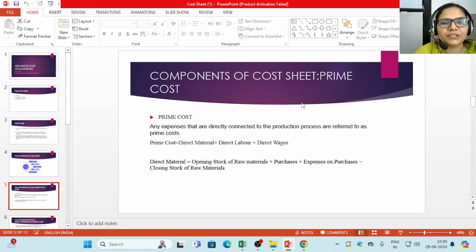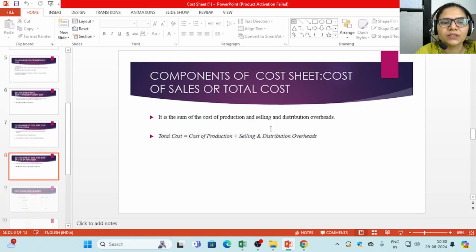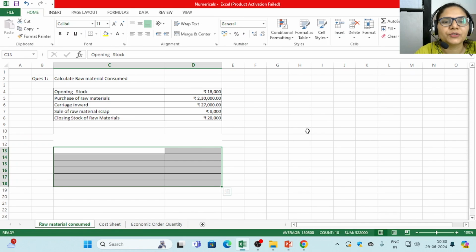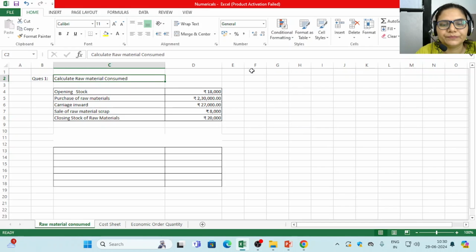In the previous session, we learned what is prime cost, what is factory cost, what is cost of production, what is total cost. Now taking on first numerical, you can see on the screen, calculate raw material consumed. In the previous session, we discussed that when we start making the cost sheet, the first thing which we have to calculate is the raw material consumed.